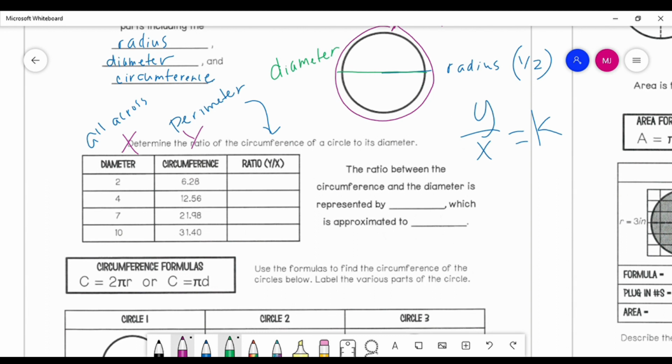So what we're going to do is go into your calculator now. You need to put in 6.28 divided by 2, and then write that down. And then continue that for that table. When you finish the table, stand up.